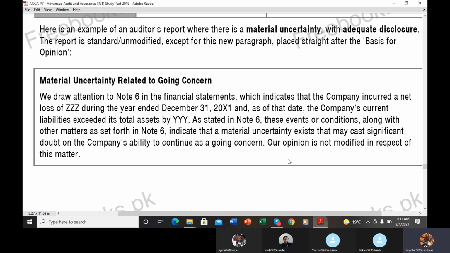So going concern, then say, where there is a material uncertainty, with adequate disclosure.